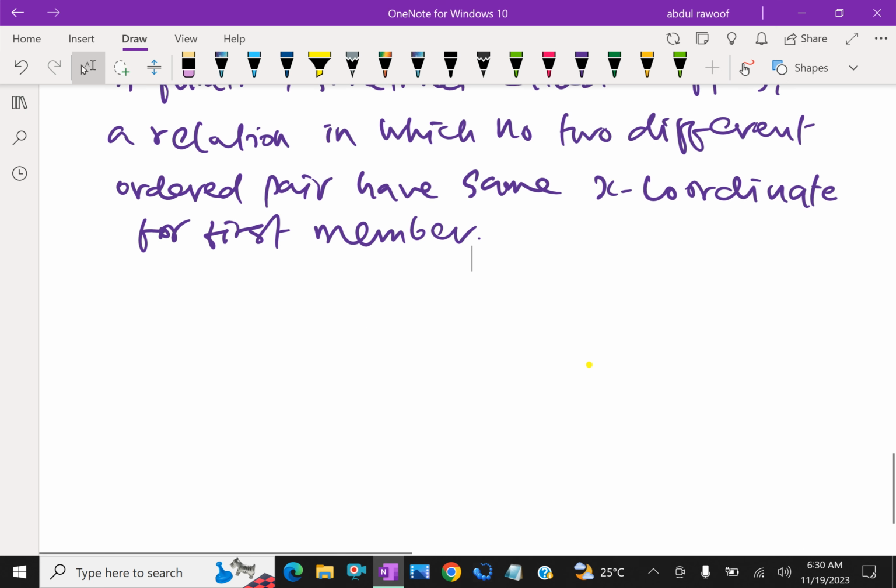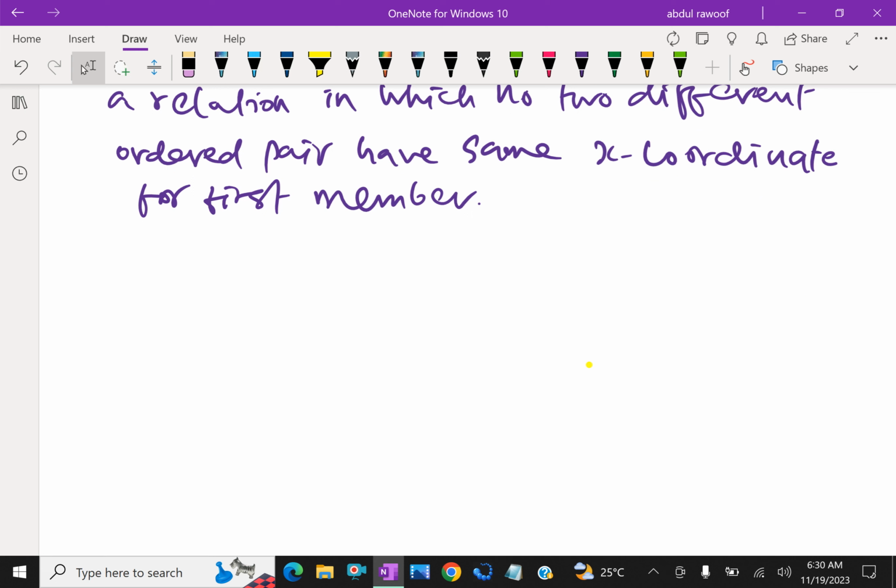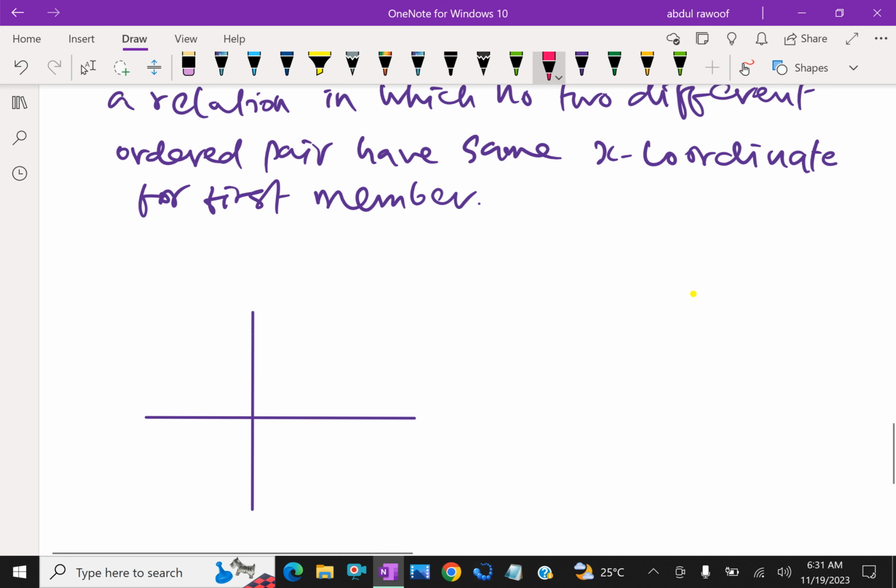For example, look at this figure here. It's a mapping or graph of some relation.